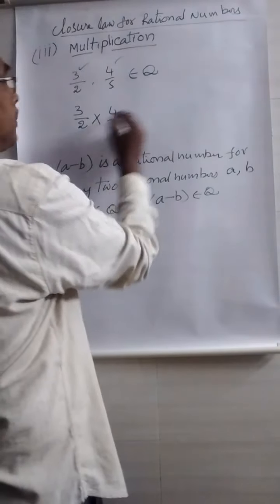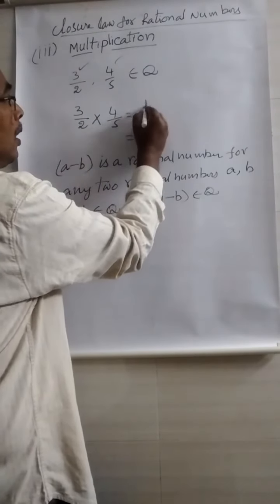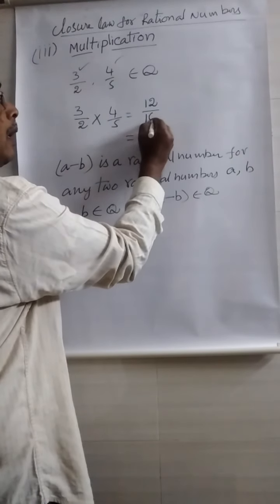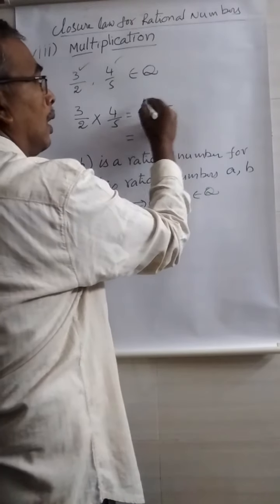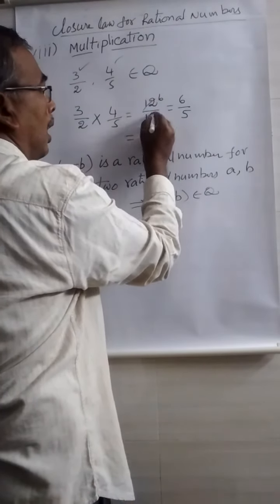Here what you get: 3 4s are 12, 2 5s are 10. Otherwise 2 6s and 2 5s.